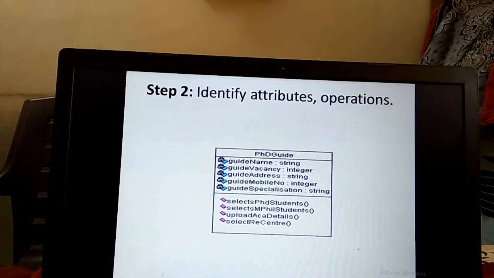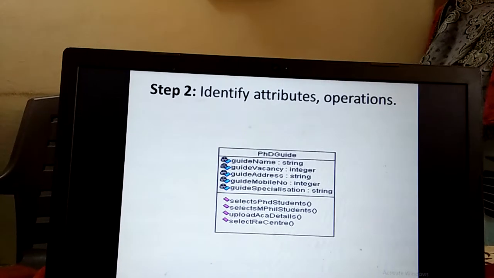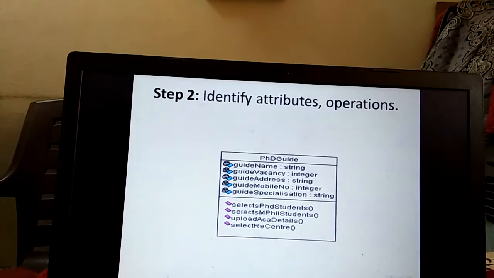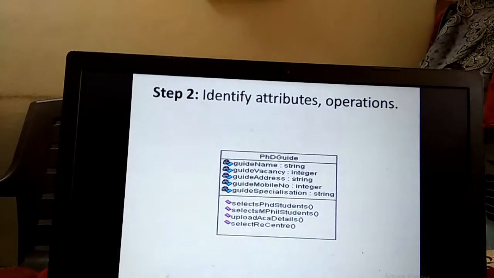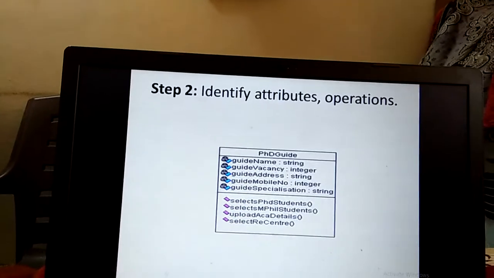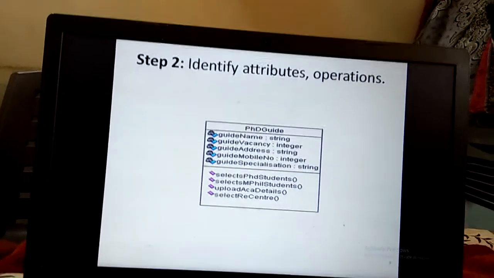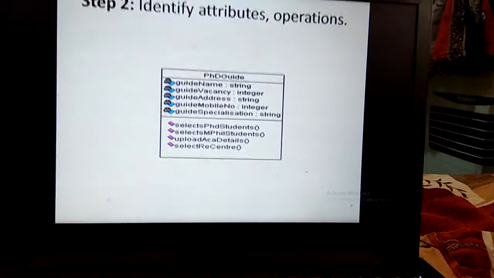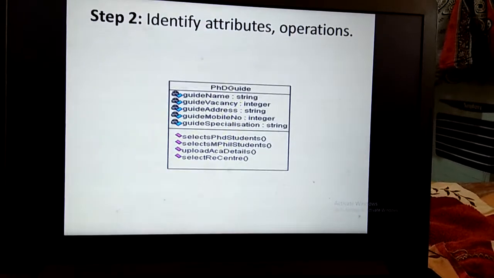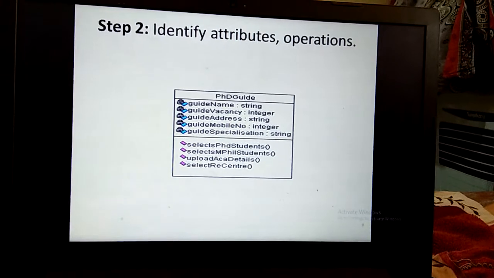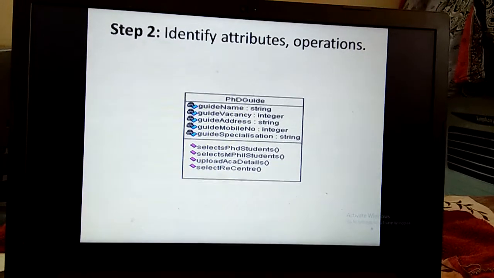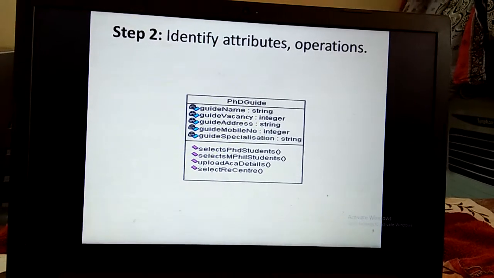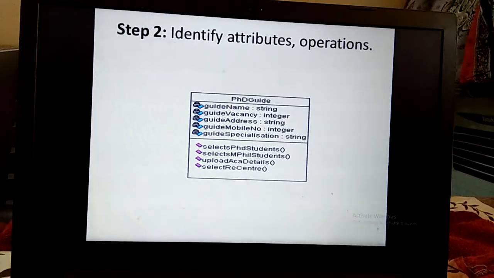In attributes, after writing an attribute name, we have to give a colon followed by the data type. While in the case of operations, after writing an operation name, we have to give a pair of parentheses which may include the names of variables which act as arguments for the given operation.